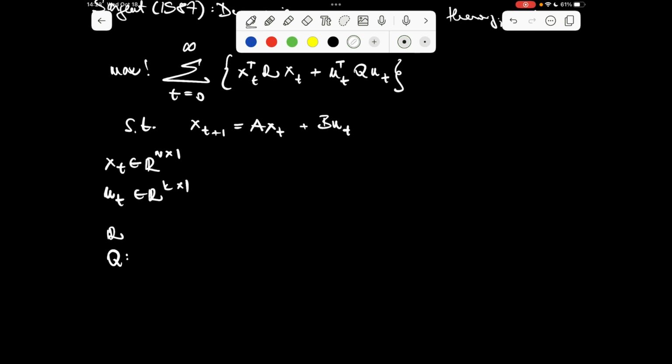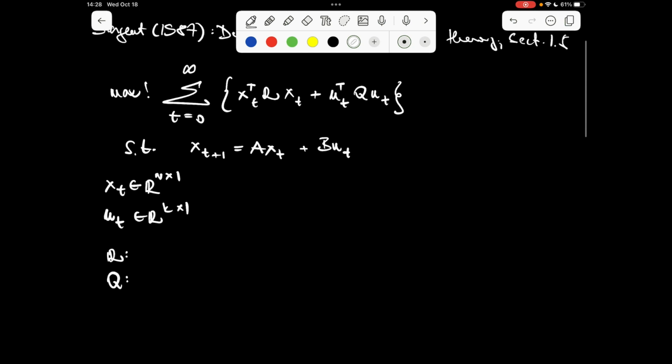It is important that Q is negative definite, because if you take a negative definite matrix, multiplying this matrix from the left and from the right with any non-zero vector, we will have negative values. So actually this is a profit function.